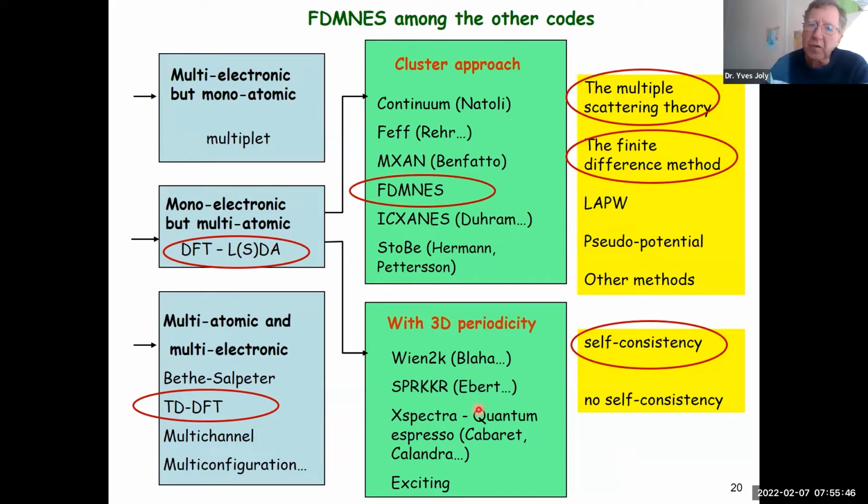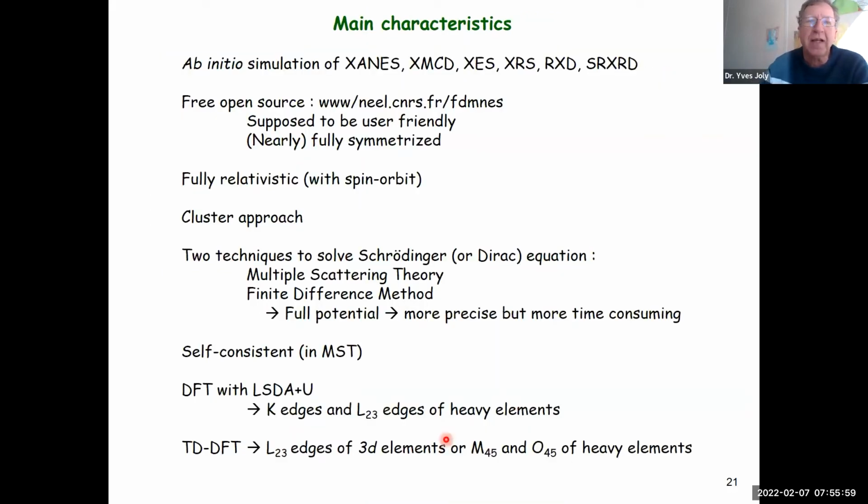When you want to make this kind of calculation, you can use a cluster approach or 3D periodicity, so you can do your comparison and also try other codes if you're interested. The main characteristic is that the code is ab initio, for all these spectroscopies. As I said before, you can download it.